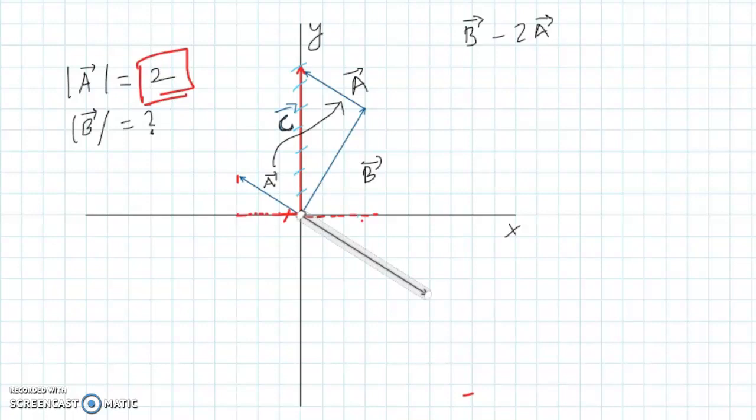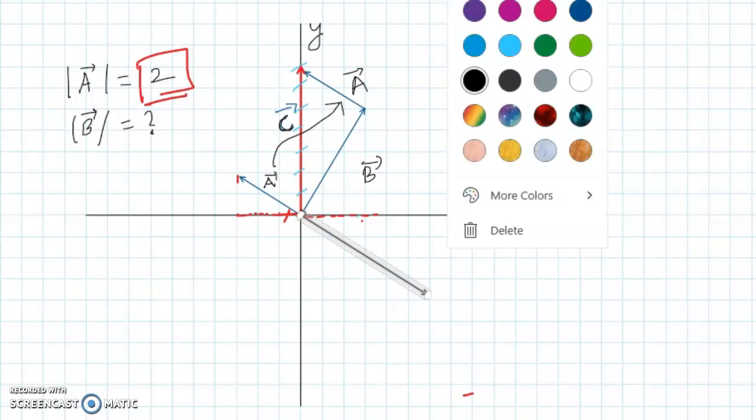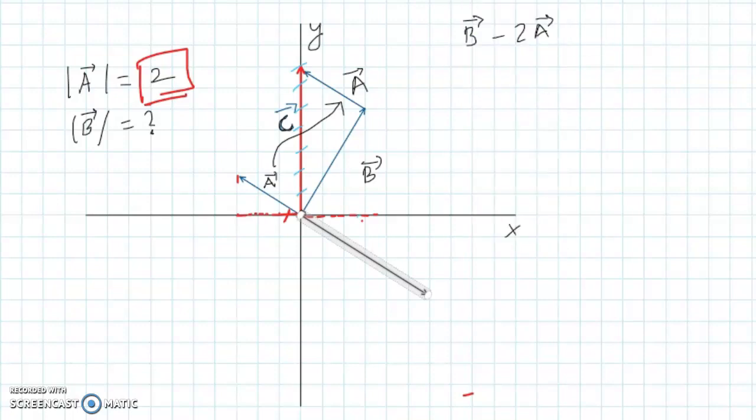If I have negative 2a, then I am almost done, because here I have negative 2a. You see up to 3 units, 1 2 3 units, the vector is here is a, and another 3 units we have another a, so it is 2a, since the direction of the vector a is opposite of the original vector.